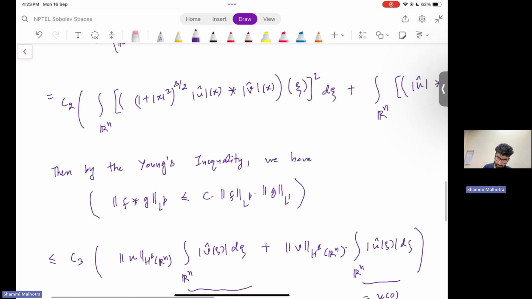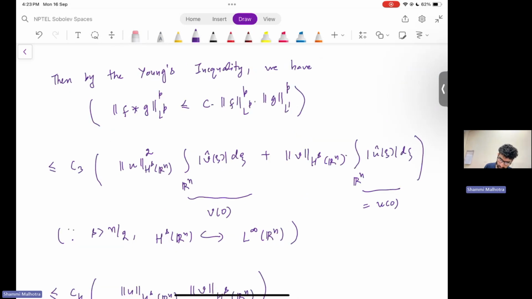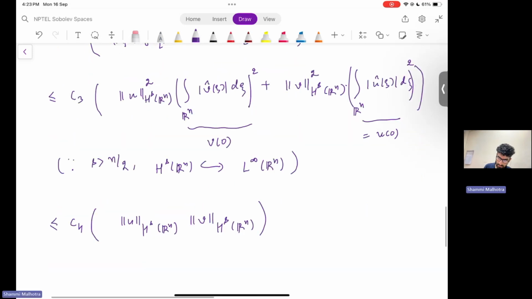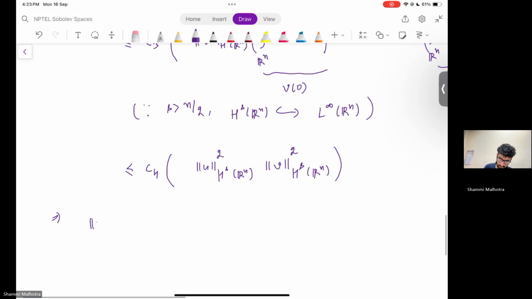So it will be H^2 if I am getting a p norm here. So it will be a p here and p here as well. So it will actually be a square here and also a square here. So this will give me a square and square here. So this will give me the H^s norm of R^n, and then some constant times the H^s norm of u and then the H^s norm of v, each squared.